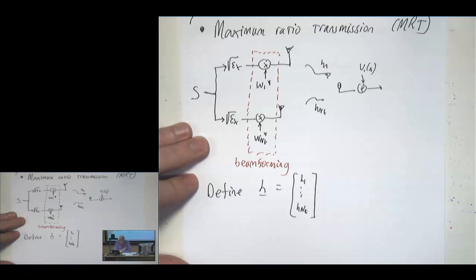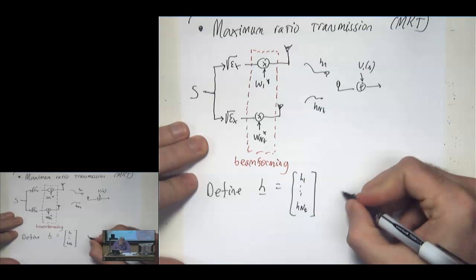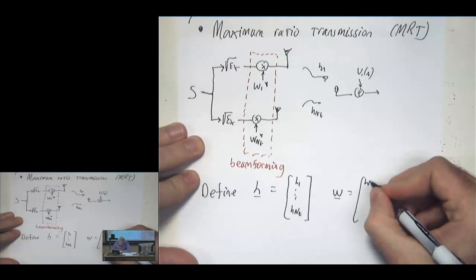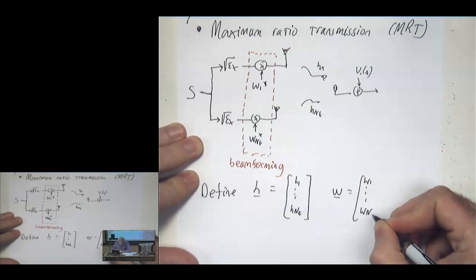I often write it in a slightly different way, but that's fine, I'll use this approach. Let's write this W like this, W1 through W of NT.